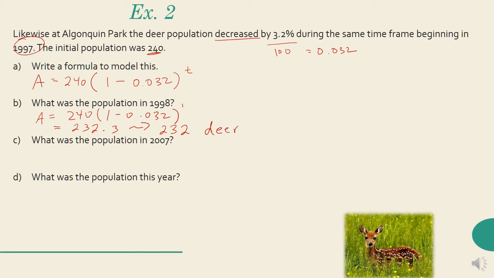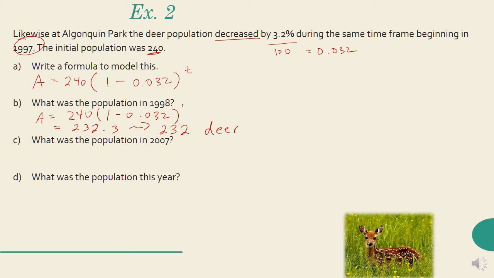As a quick self-check, since we know it's decreasing, if you got a number bigger than 240, you know you've made a mistake with either your formula you set up or with your calculations. So remember, we started at 240. We know we're decreasing. We should definitely get a number less than 240. Doesn't tell us 232 if it's right or not, but we know for sure that it's not wrong, because if we got more than 240, for sure it's wrong.